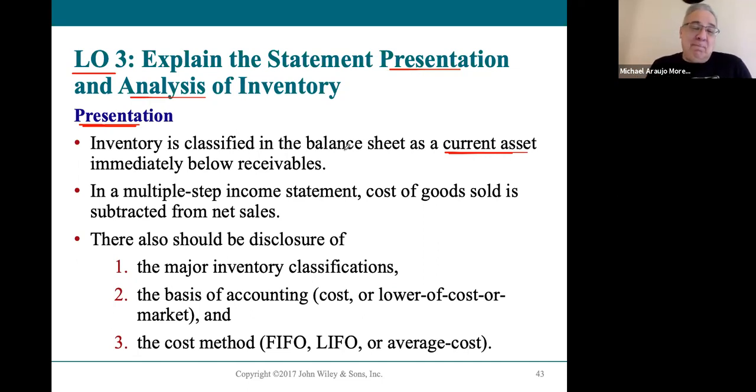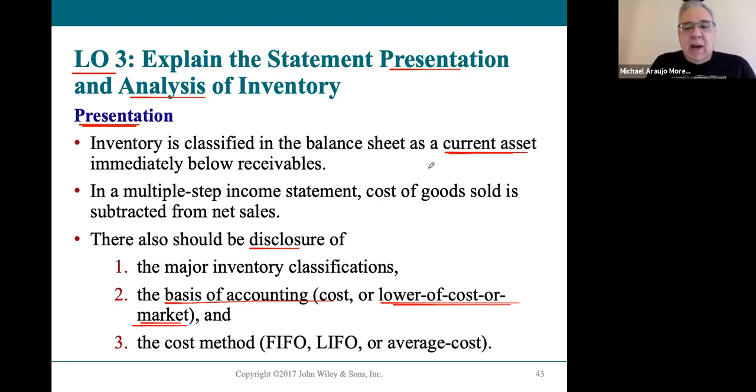That's also part of GAAP. That one you're going to learn about today. And that exception is part of this disclosure that they call the basis of accounting that they use to value inventory. So you're going to be learning the lower of cost or market basis of accounting for inventory.